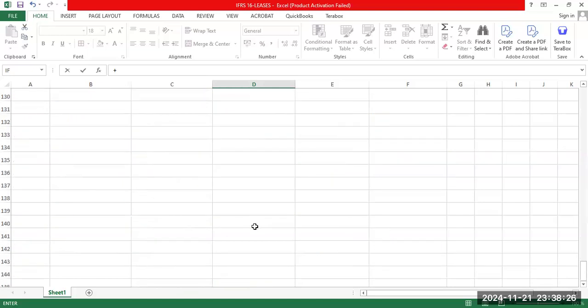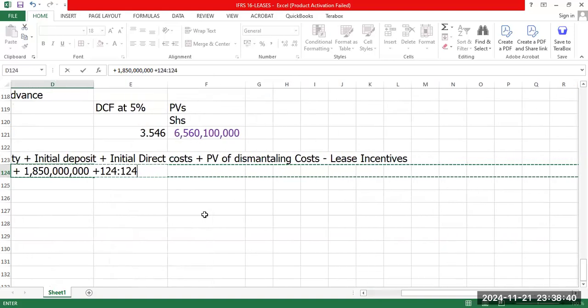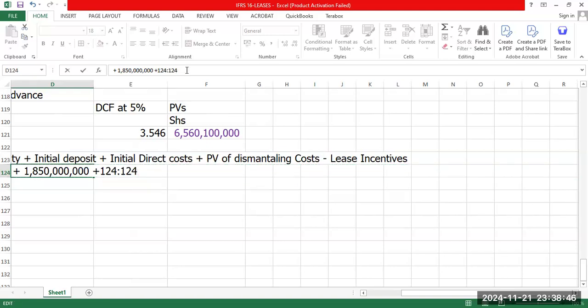And that initial deposit is of how much? 1.805. Then plus direct cost.